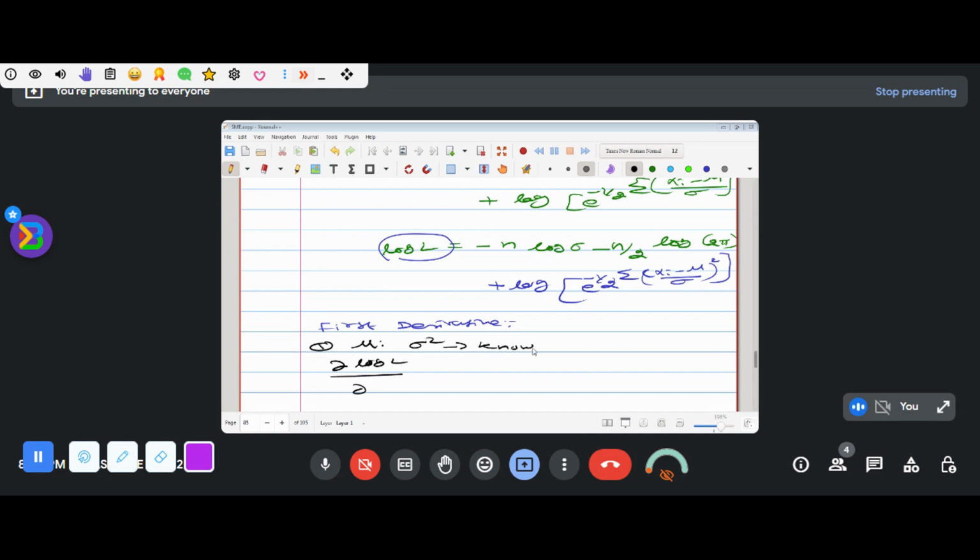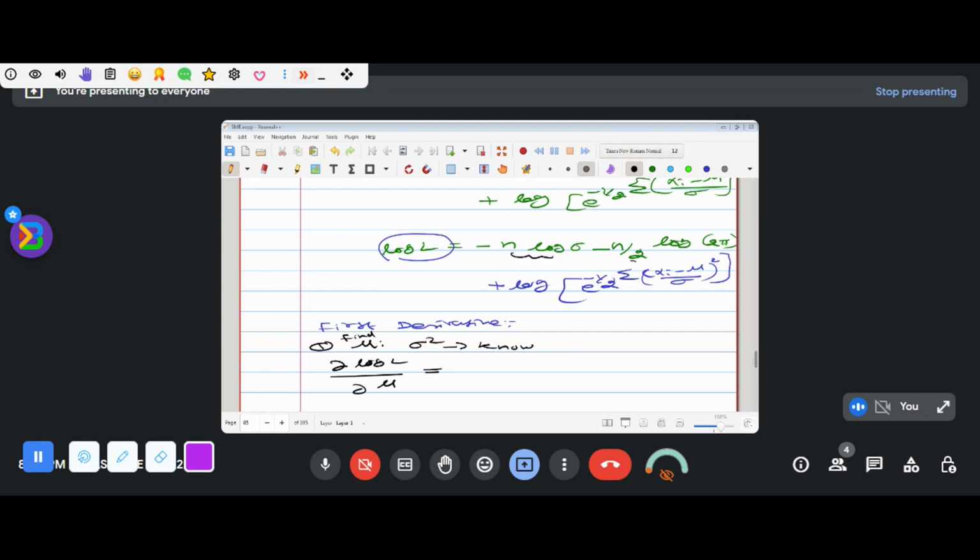Therefore dou log L divided by dou mu, with respect to mu.